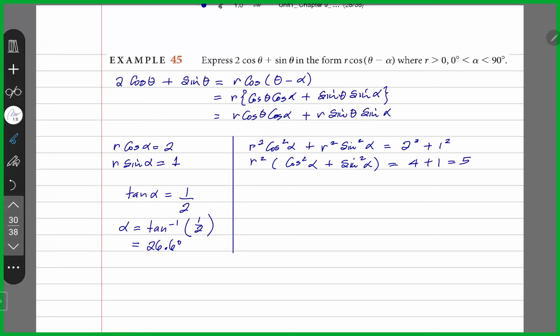Cos squared alpha plus sine squared alpha is 1. So we can just say R squared is equal to 5. The opposite of square is square root. So R is root 5. And so if R is root 5, it means that 2 cos theta plus sine theta is equal to root 5 cos(theta minus alpha), where alpha is 26.6 degrees.